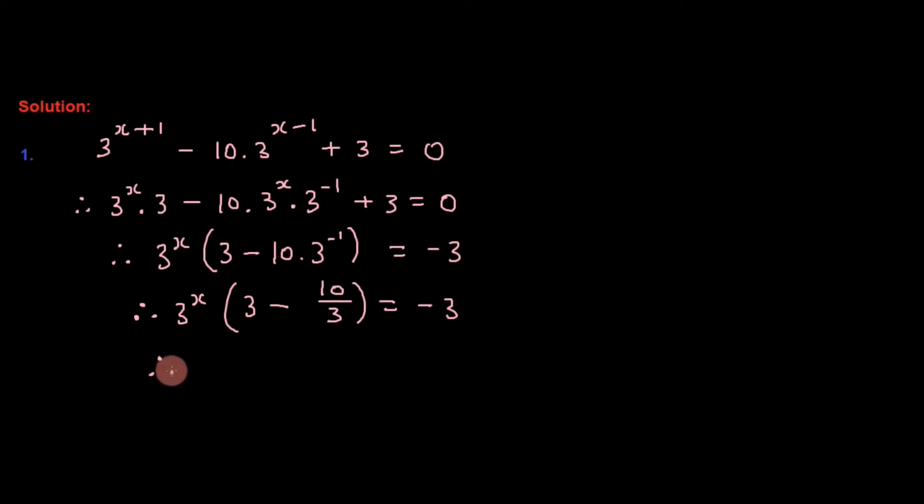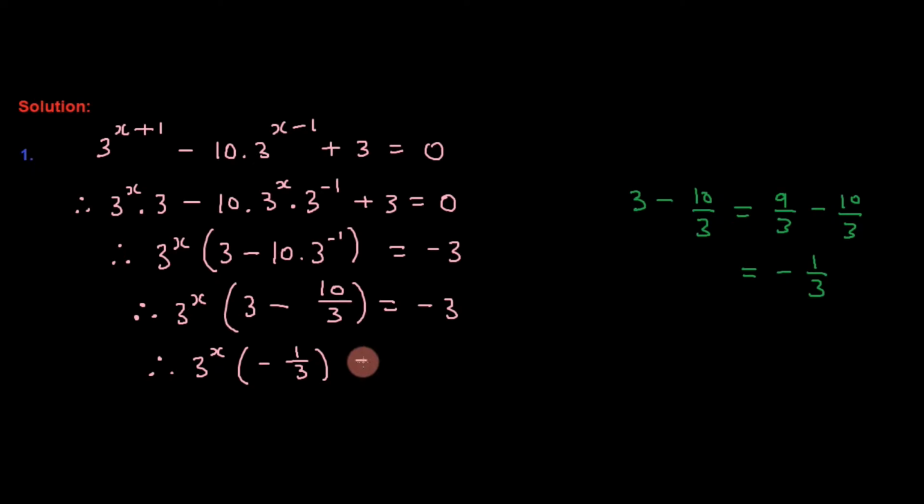Then simplifying inside the brackets, we have 3 minus 10 over 3. 3 can be written as 9 over 3. So we have 9 over 3 minus 10 over 3, which is negative 1 over 3. So in the brackets we have negative 1 over 3.